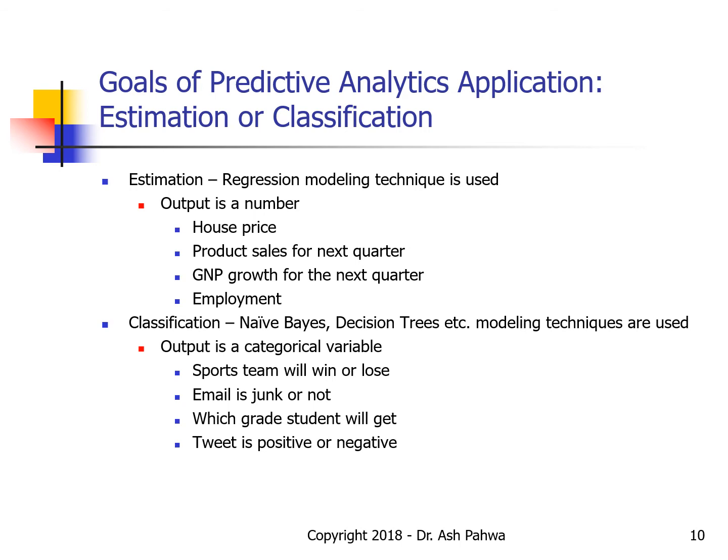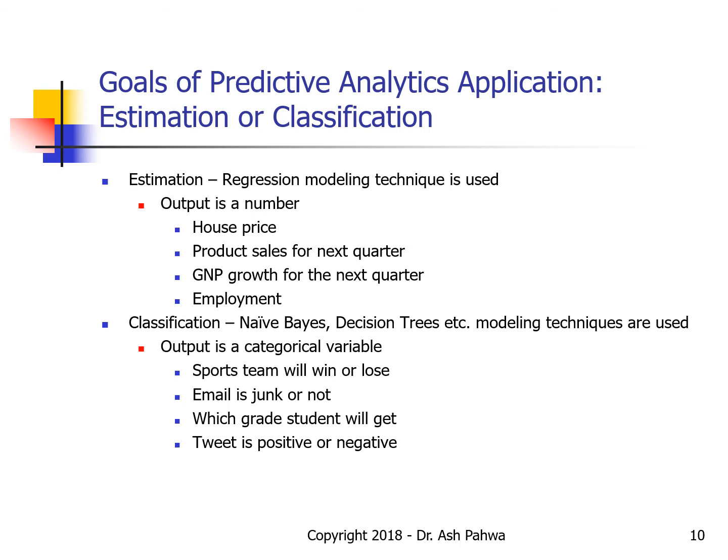Then the other type of goal that we can have in a predictive analytics application is classification. In classification, what we are outputting is a variable of type categorical. It may have a few levels, like the sports team is going to win or lose, the email is junk or not, which grade the student is going to get, or the tweet is positive or negative. So here the output is a categorical variable.